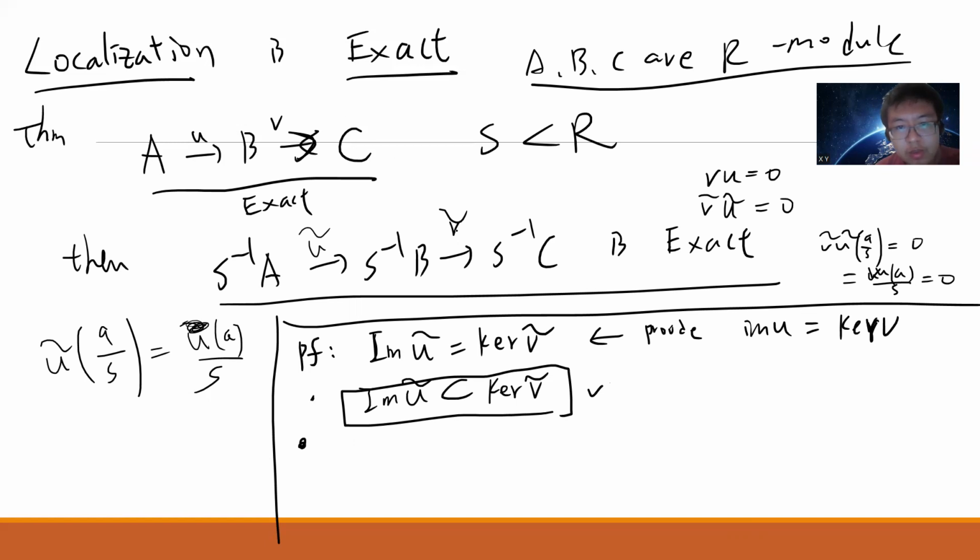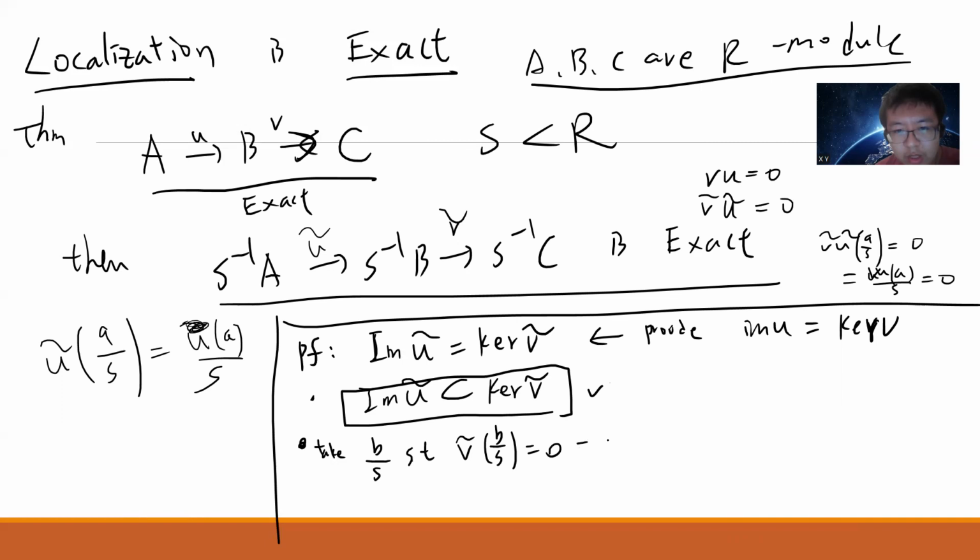Okay, so let's prove the next direction. We need to show that the kernel of V tilde is in the image of U tilde. Let's take b divided by s such that V tilde of b divided by s is 0.